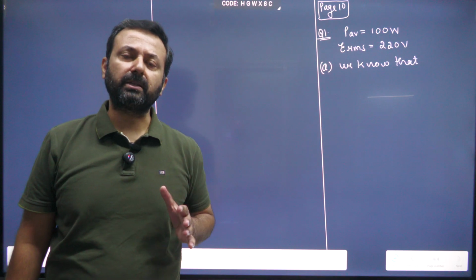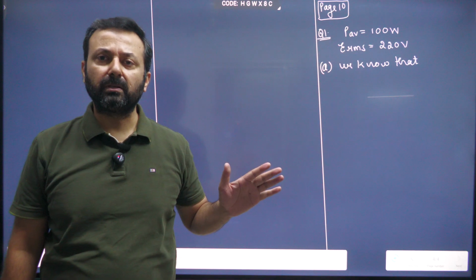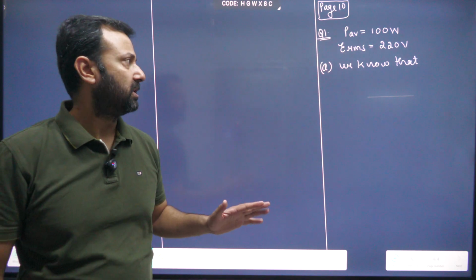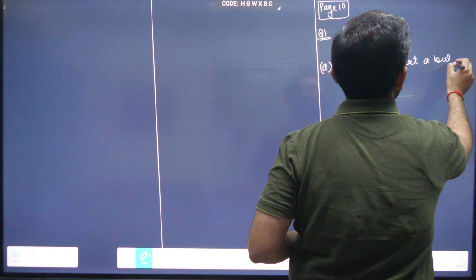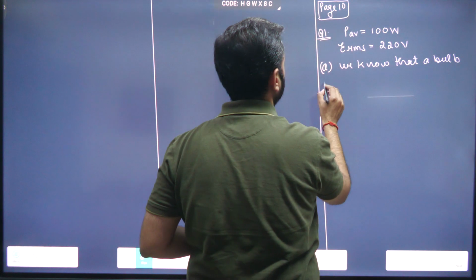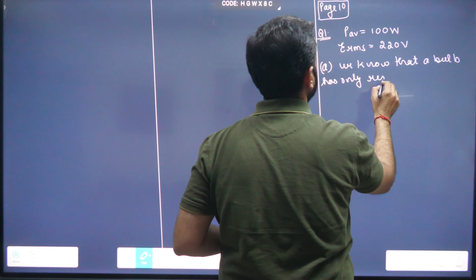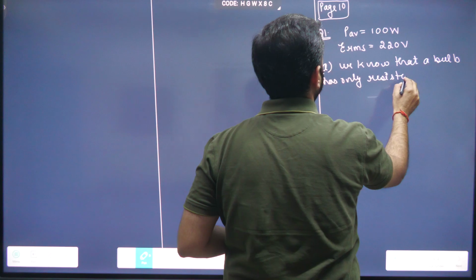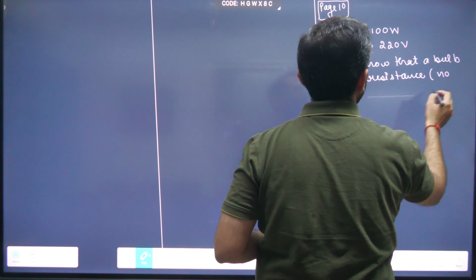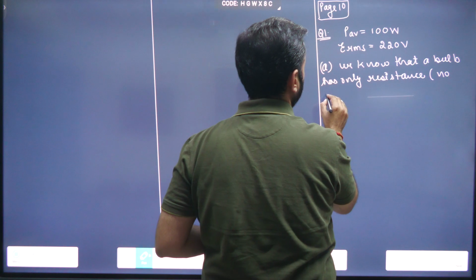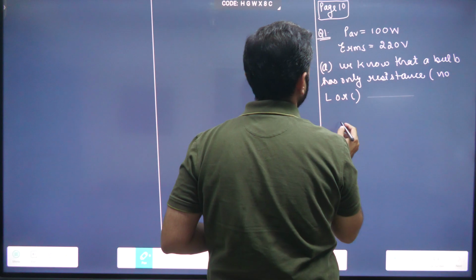So it is not an inductance, it is not a capacitance, it is a simple resistance. So we know that a bulb has only resistance. In bracket we will write no L or C. There will not be any L or C.